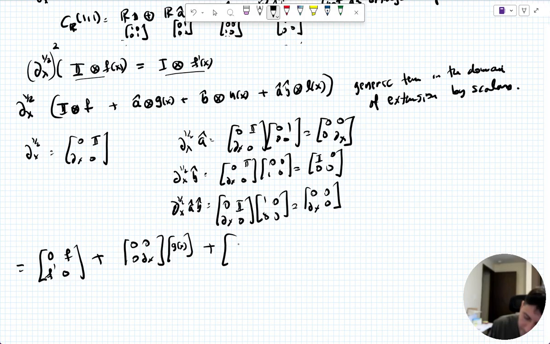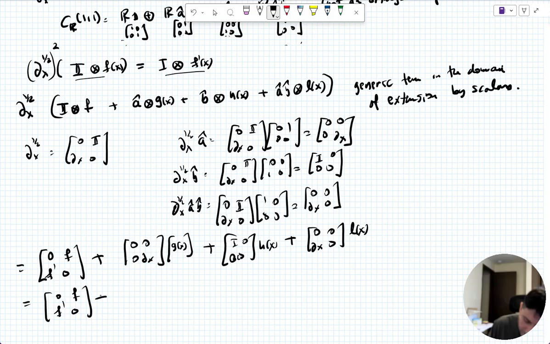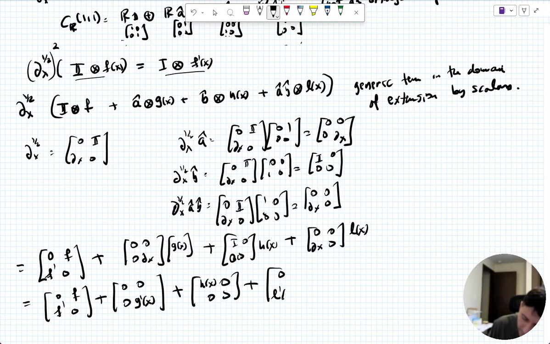Plus the identity 0, 0, 0 h of x plus 0 d/dx 0, 0 acting on L of x. So I get 0 f prime 0 plus 0, 0, 0 g prime of x plus h of x 0, 0, 0, 0 plus 0 L prime of x 0, 0, 0.